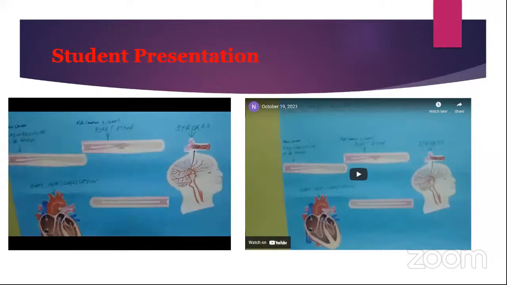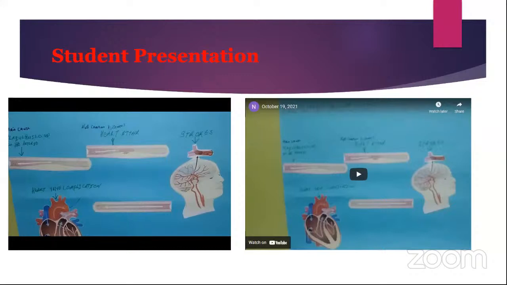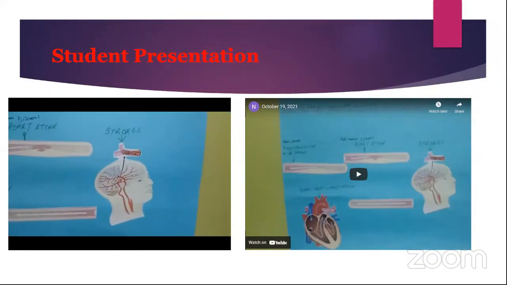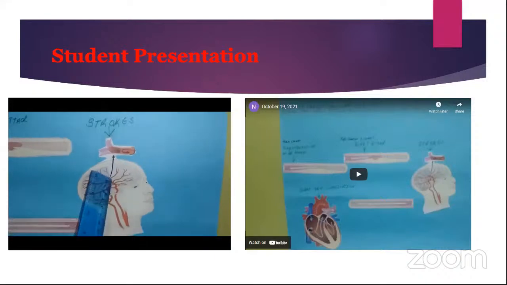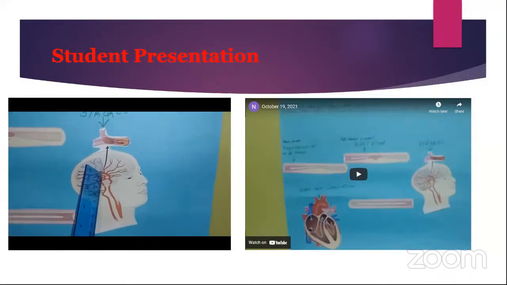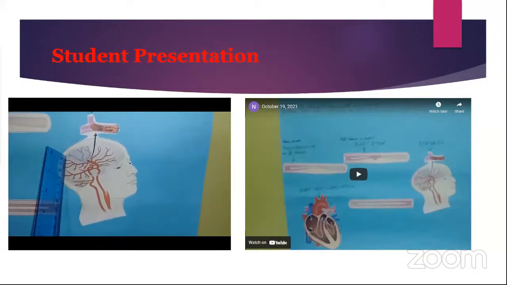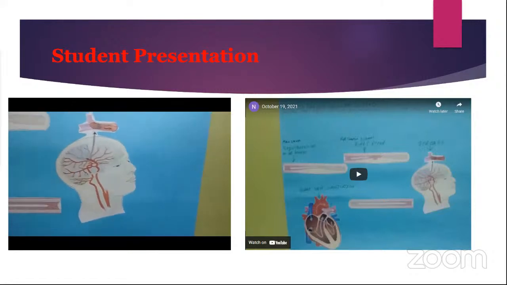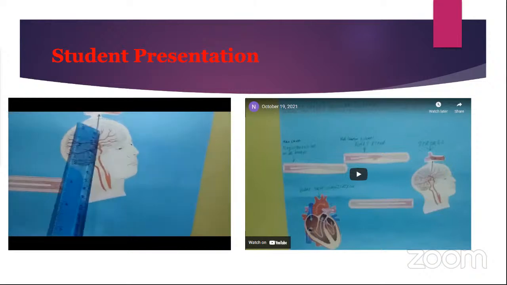Then we're going to look at strokes. Strokes happen when a vessel in the brain ruptures and bleeds, and that is called a hemorrhagic stroke. So here I have a diagram. As you can see, there is a blood clot here, so it blocks off the blood flow that goes into the other part of the vessel.